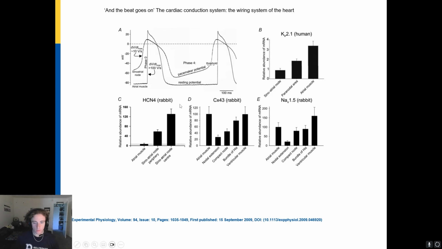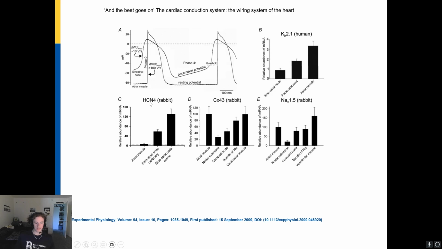So what that is showing is that the ion channels are responsible for the difference in behavior of these cells. The expression of the ion channels changes the functions of the cells, which makes sense, right?